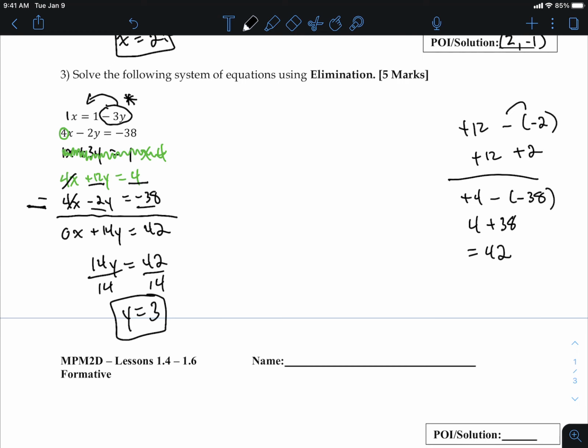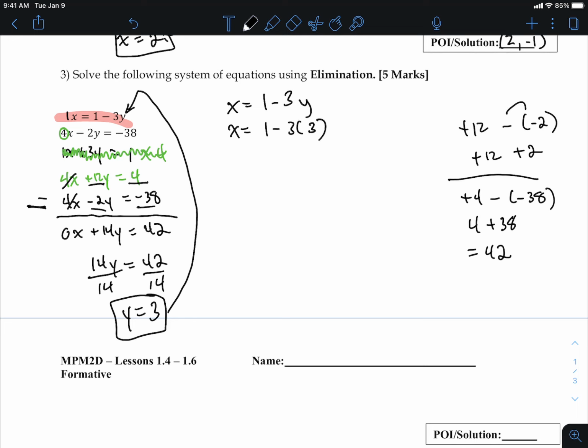Okay, and then all I'm going to do is take that. I'm going to pick the equation that looks easiest to find x. In my case, I think the easiest one is this one, because I'm looking for x. So you just plug y back in there, where it says y, and it's going to spit out x. x is equal to 1 minus 3y. x is equal to 1 minus 3 times 3. x is equal to 1 minus 9.